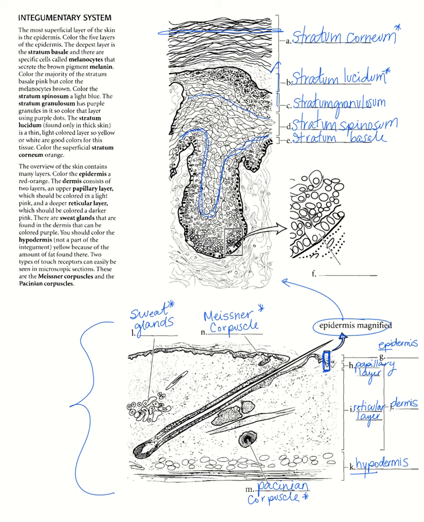So this is kind of like the bottom basal layer. And what is being highlighted here within that basal layer is the fact that this layer is going to house your melanocytes.